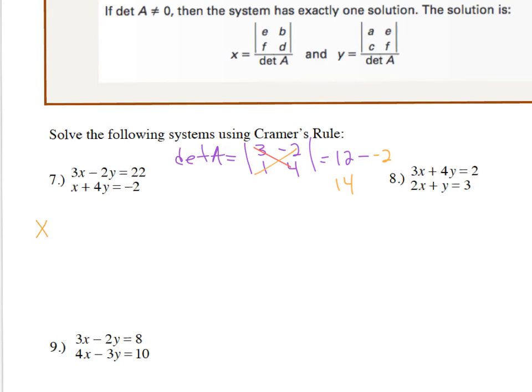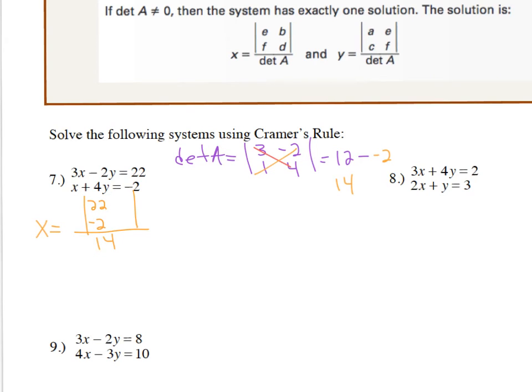So the first thing I'm going to find is x. I know the denominator is going to be 14. And then again for Cramer's rule, since we're finding x, instead of the 3 and the 1, I'm going to put 22 and negative 2 down that column.